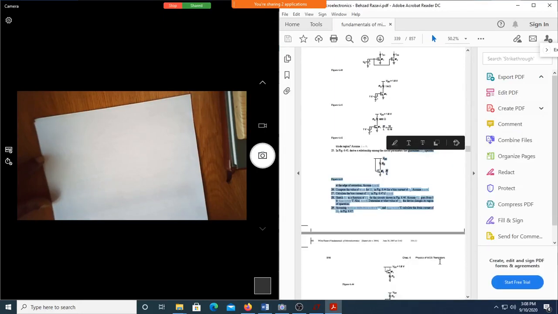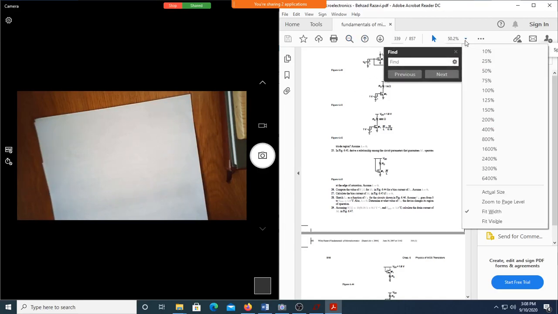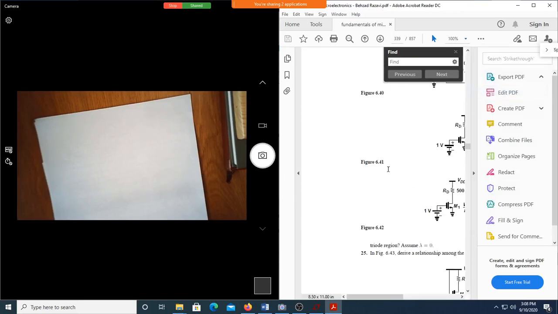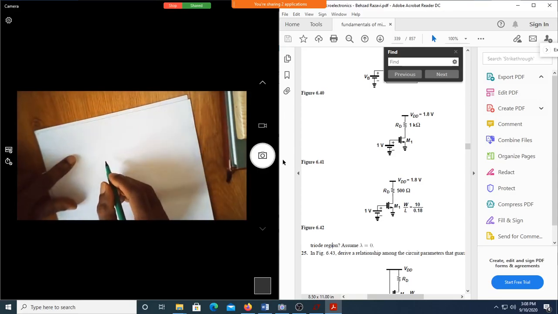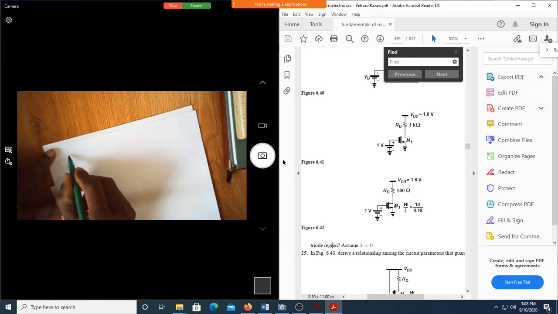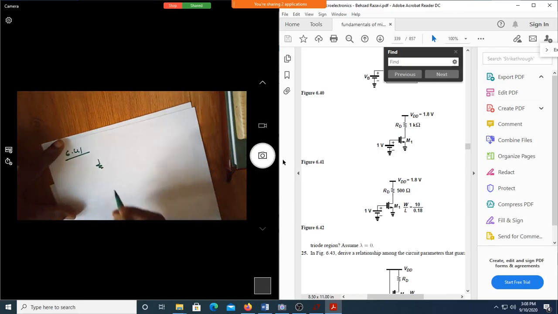Just copy this 6.41. It is the 6.41 problem. Here it is.